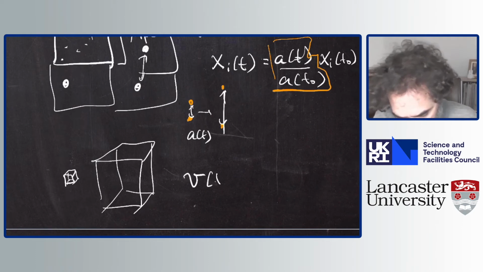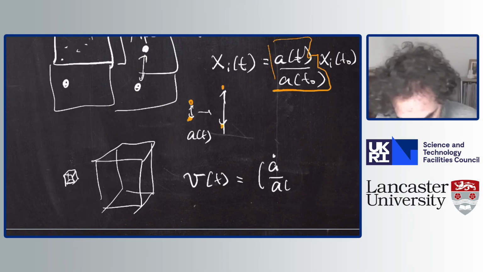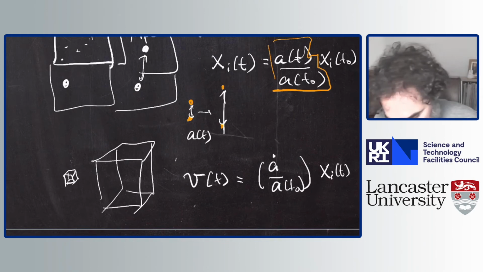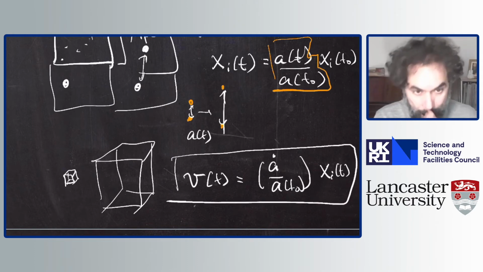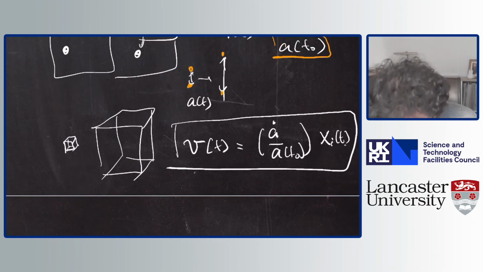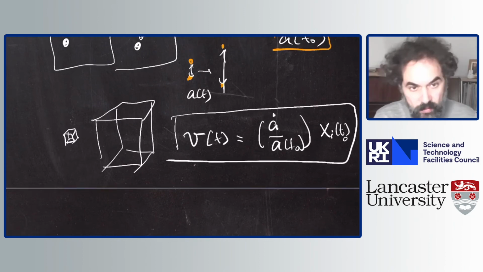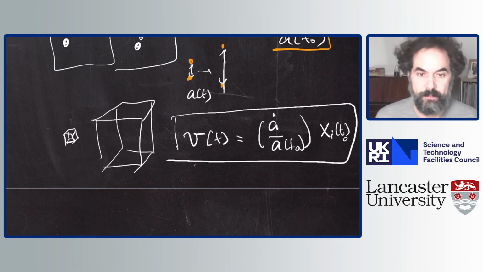Just take the time derivative of what you had before, and you will find that it is a dot at 0, times the position at a particular time. If this 0 typically means today.